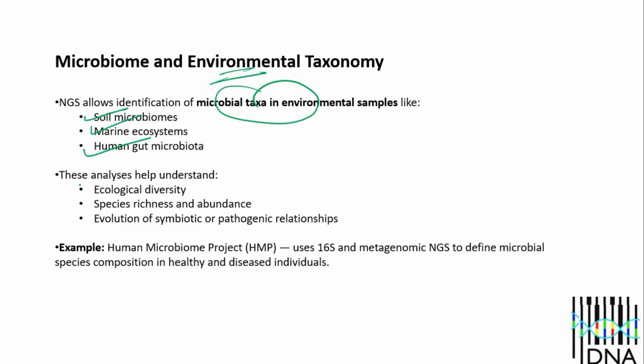This analysis is very helpful to understand ecological diversity, species richness and abundance, and the evolution of symbiotic and pathogenic relationships. Like the Human Microbiome Project, known as the HMP, which uses 16S and metagenomic NGS to define the microbial composition in healthy and diseased individuals.